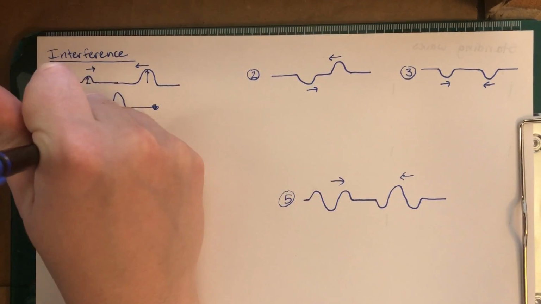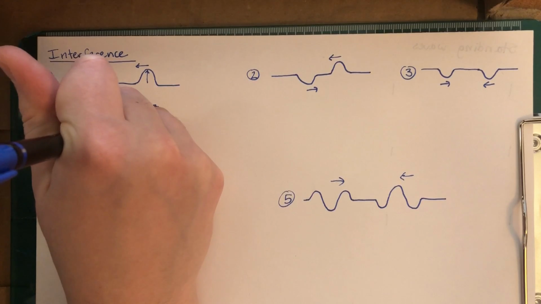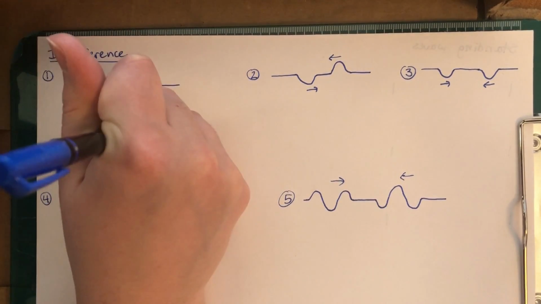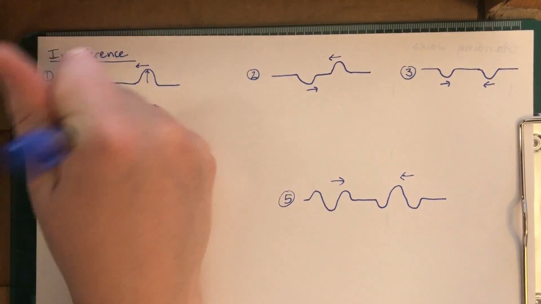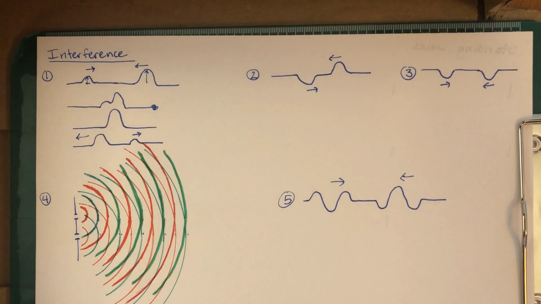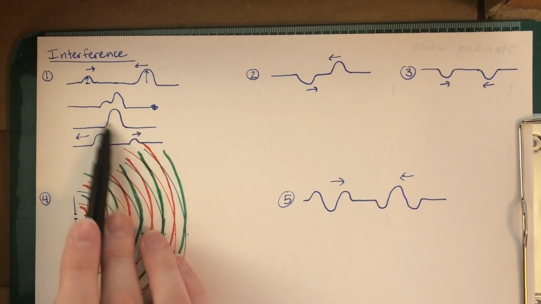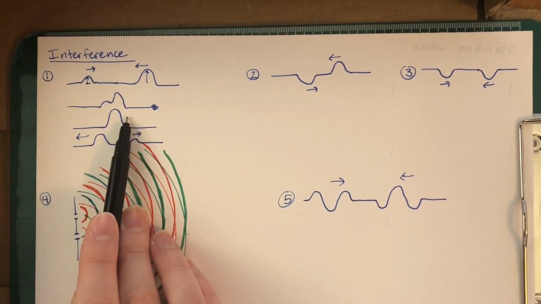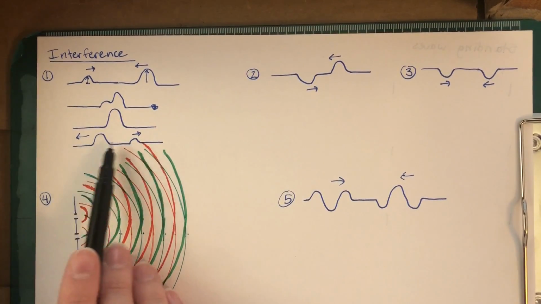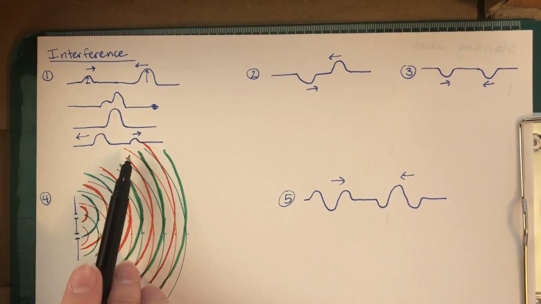And then after it's gone by, each of the original pulses still has its same shape, its same height, and is still moving in the same direction as before. So they basically move through each other, add together for a brief instant in time, and then move past each other as if nothing happened, each with their same original height.